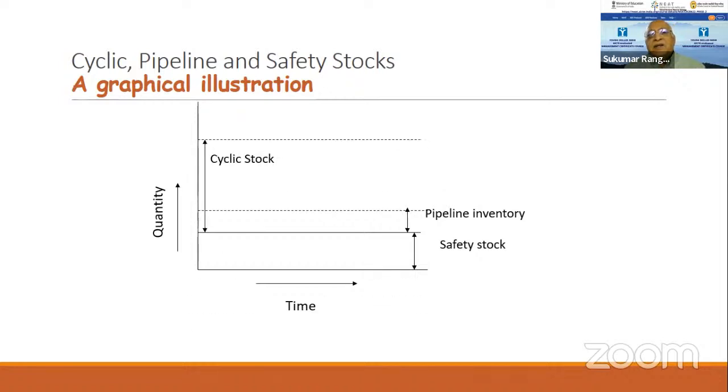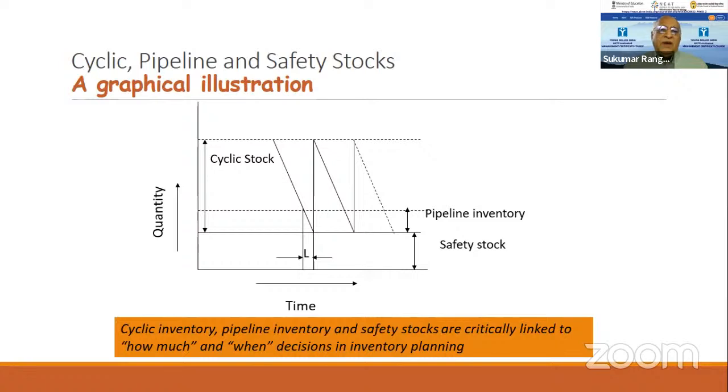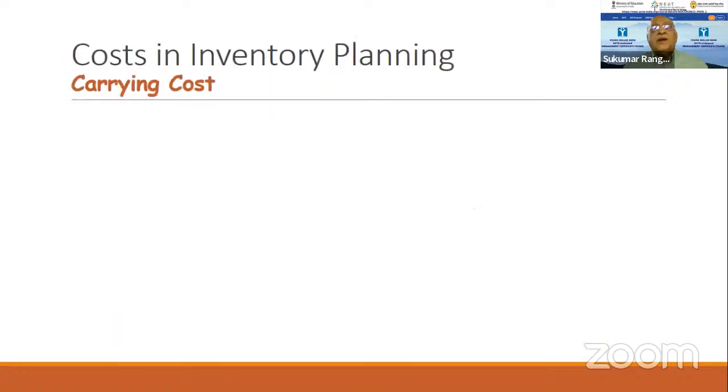And the cyclic stock is the maximum stock plus pipeline inventory, and it keeps reducing over time, getting replenished that way. These are typical simple examples. So cyclic inventory, pipeline inventory, and safety stocks are critically linked to how much and when decisions in inventory planning.